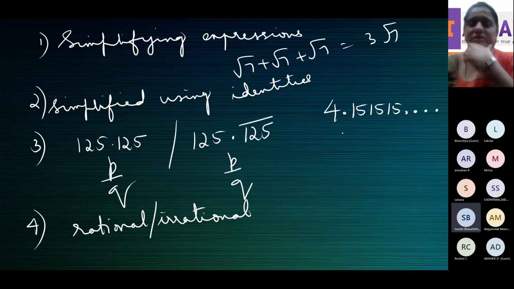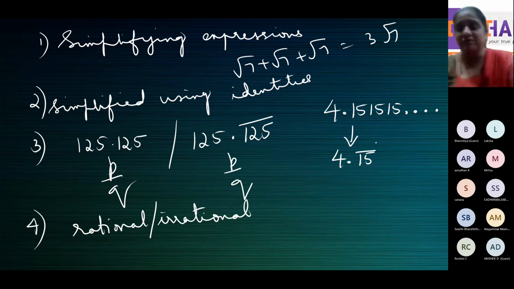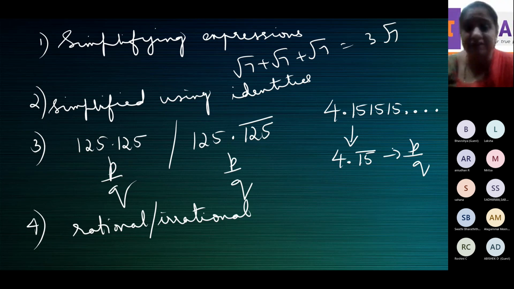Not a terminating decimal, I mean, it's a non-terminating repeating decimal, because this is nothing but 4.15 recurring. But anyways, it has a P by Q form, because we know that a non-terminating repeating decimal has a P by Q form. So this is rational.